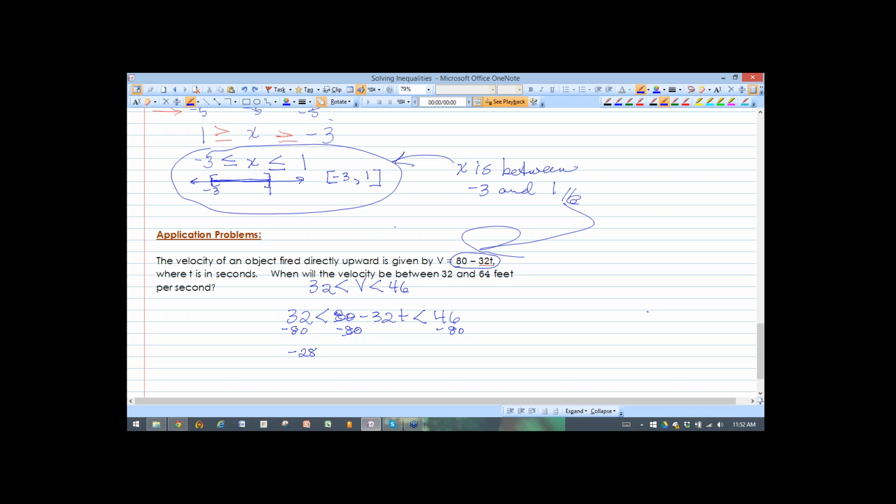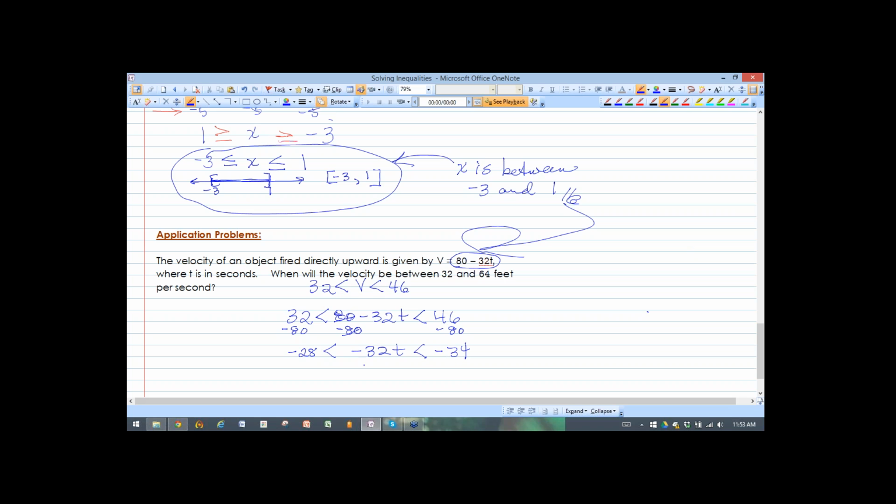So anyway, so now we have what? -28 is less than -32t, less than -16. Am I getting something wrong? Let me see. Wait, hold on. Yeah. Okay. All right. Yes. 32 minus 80. Oh, I got it. Okay. Yeah, that's right. Okay, we're going to keep going with this, though. Sorry, guys. I got turned around for a second.